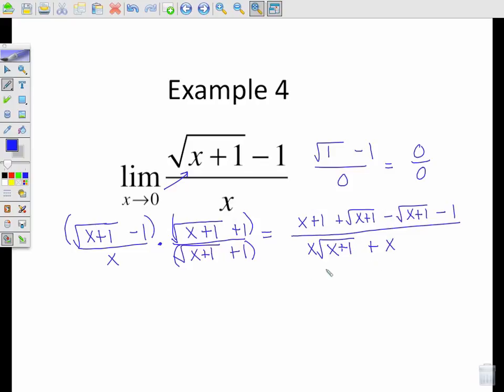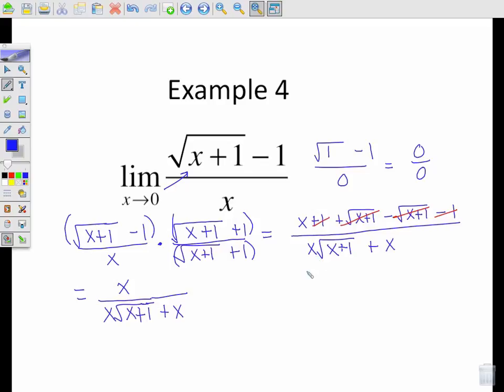And the simplifying is going to be, let's see, on top, I'm going to cross out my square root of x plus 1s and the negative 1. So I'm left with x over x square root of x plus 1 plus x.